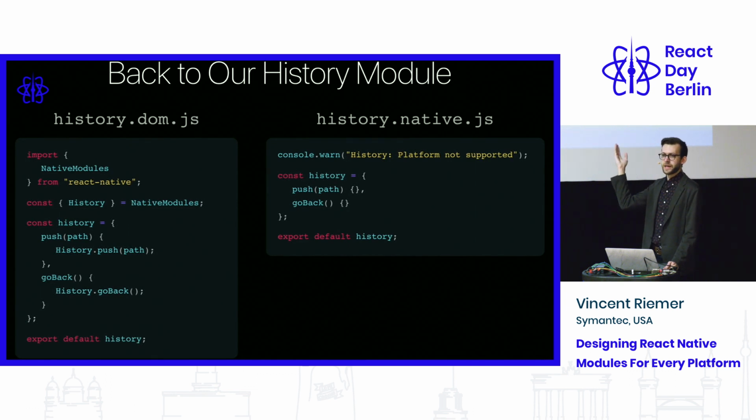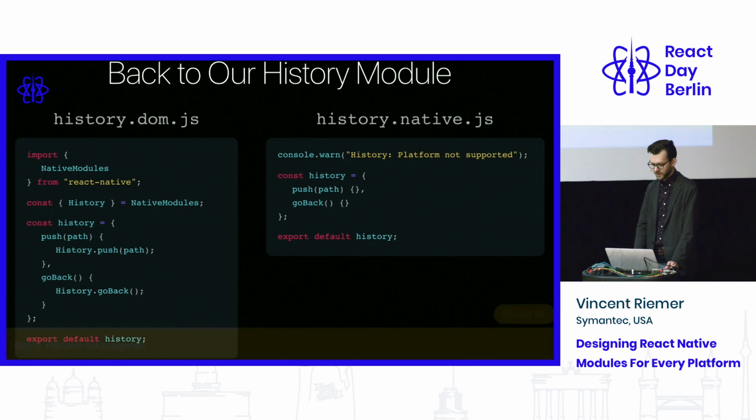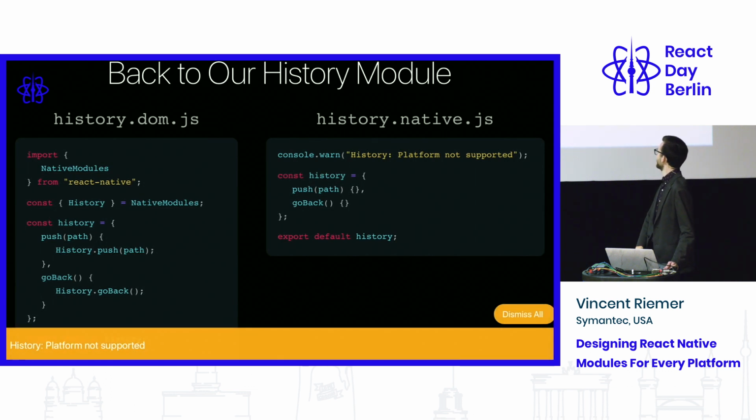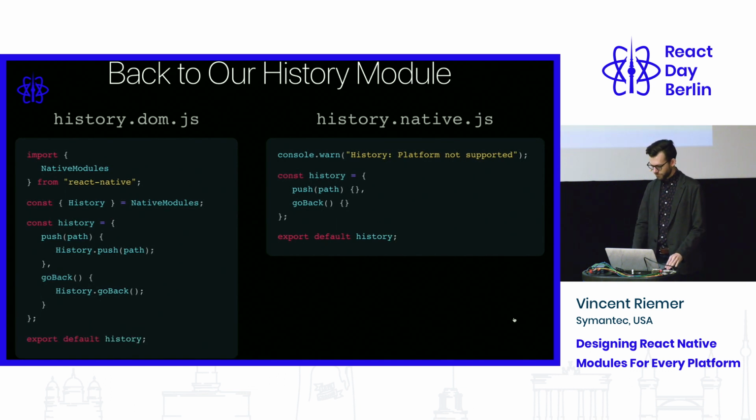You can make it actually throw errors but give a good error message, just to inform people where to go or what needs to be done. Or in this case, just on module load, throw a warning like that. And that will get their attention, maybe convince some people to implement that module in your platform.